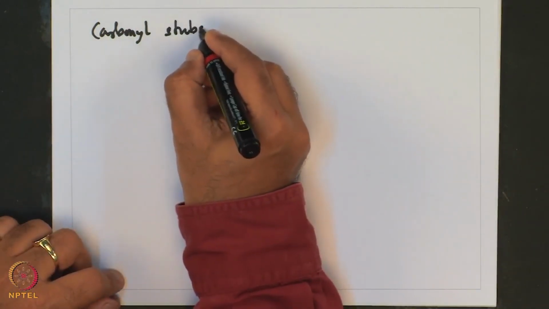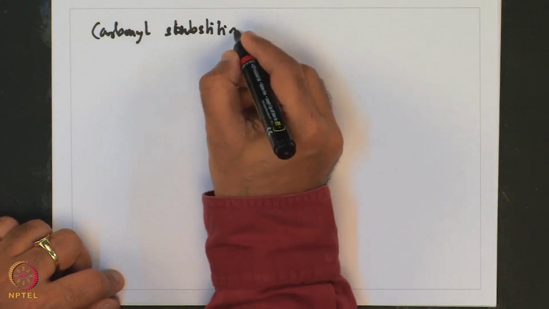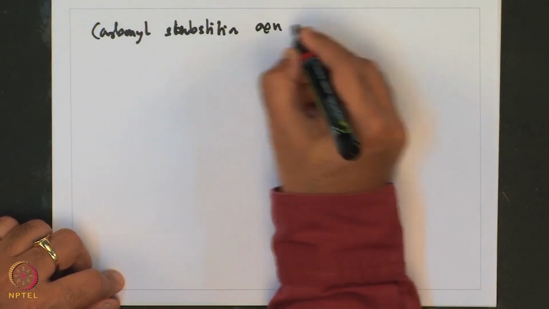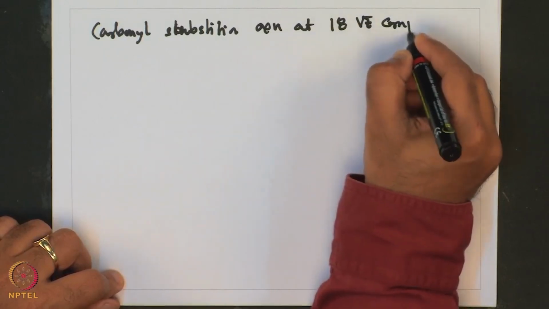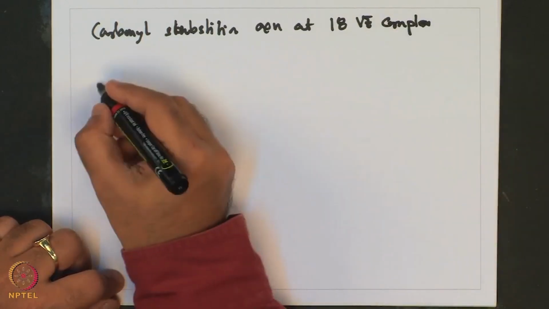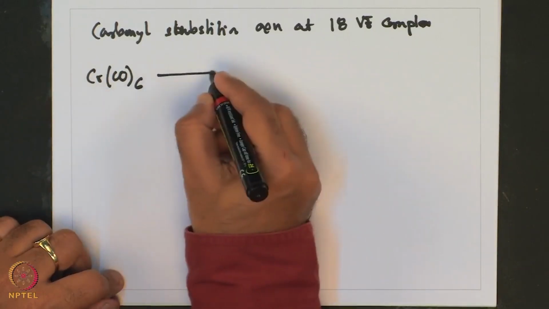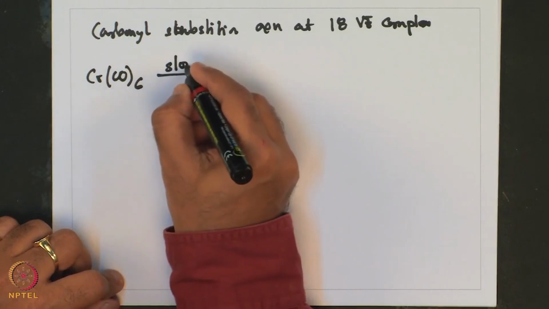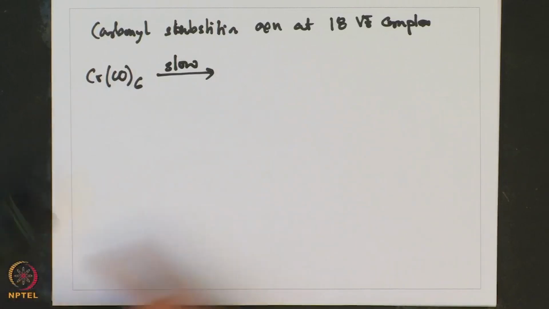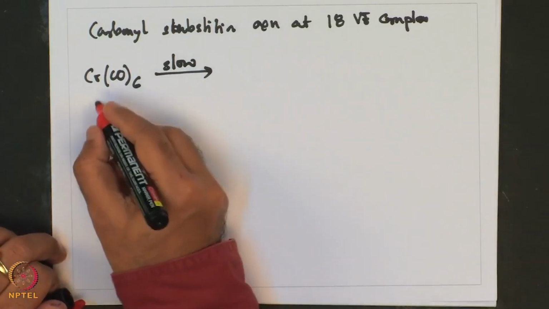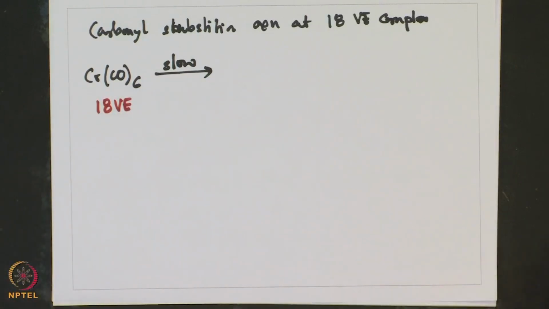Carbonyl substitution reaction at an 18 VE complex, Cr(CO)6, is slow because this is already an 18 VE complex, and what it means is that this is quite stable.